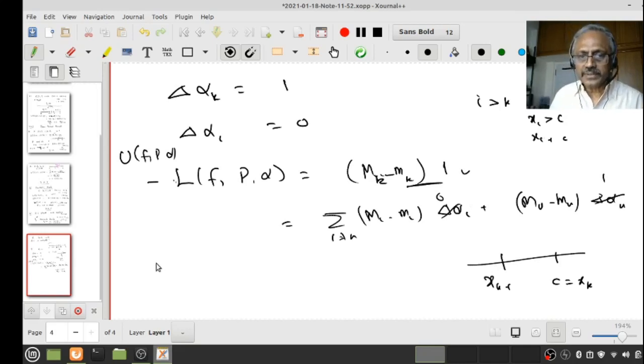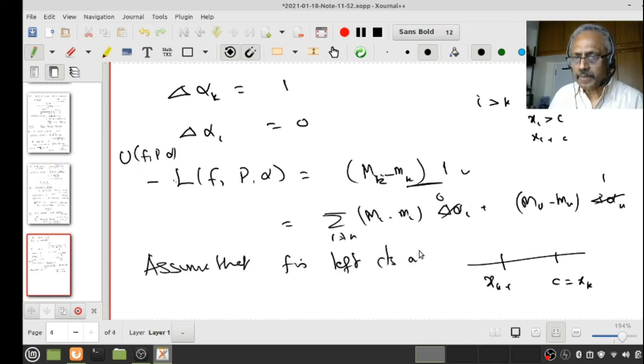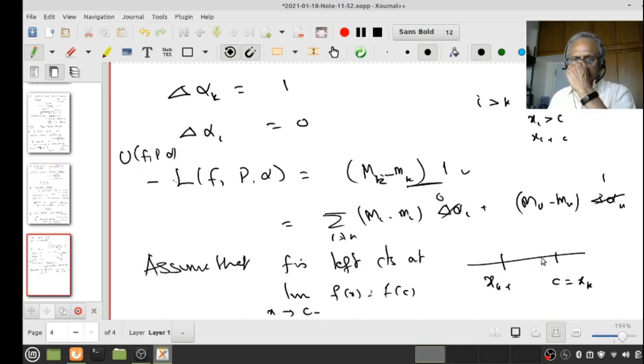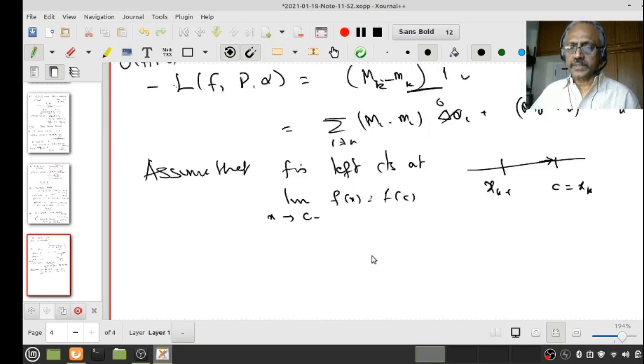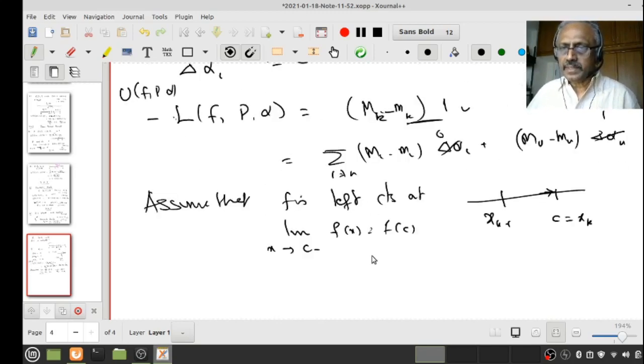So what I require is, can somebody guess? Yes, assume that f is left continuous at c, that is, limit x tends to c minus of f(x) equal to f(c). Okay, if this left limit exists and is equal to f(c), then we say f is left continuous, right?